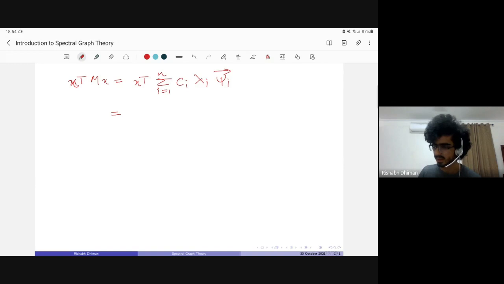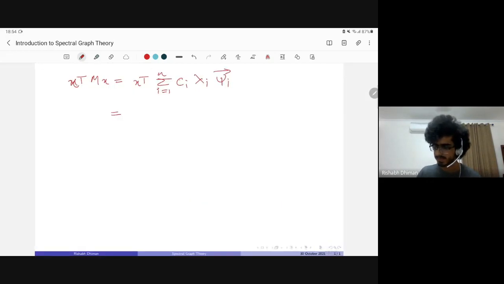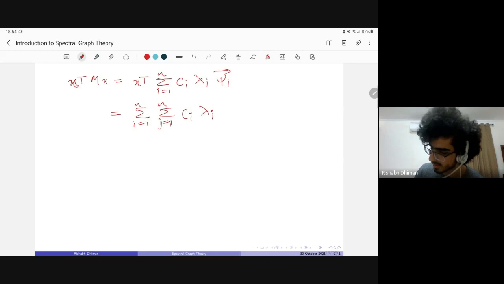What it says is that the minimum value of the Rayleigh quotient is actually an eigenvalue. And again, you multiply this out. What you notice is this is a double summation over i and j from 1 to n of c_i c_j lambda_i psi_i transpose psi_j, because you just expand it out.